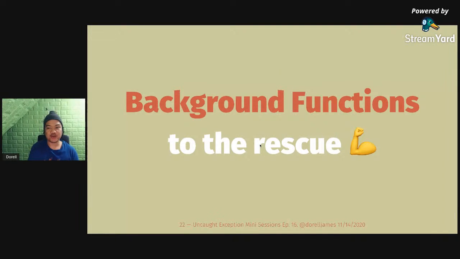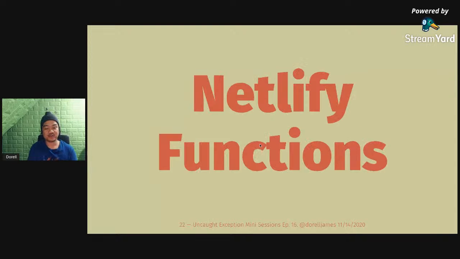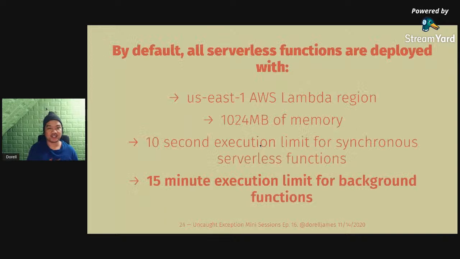So here we have background functions to the rescue. And for this example, I'm gonna go with Netlify functions. By default, before we do a quick demo, all our serverless functions are deployed in AWS Lambda. They have 1 gig of memory.